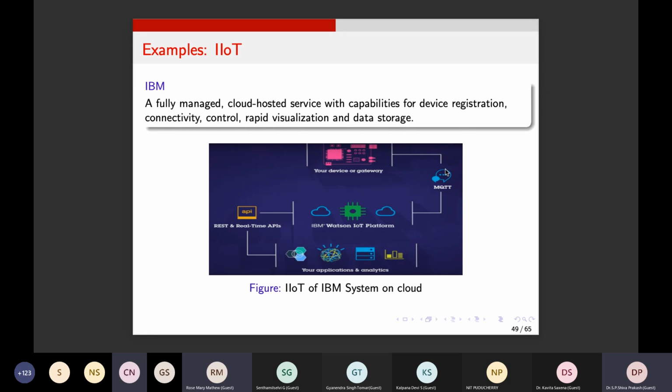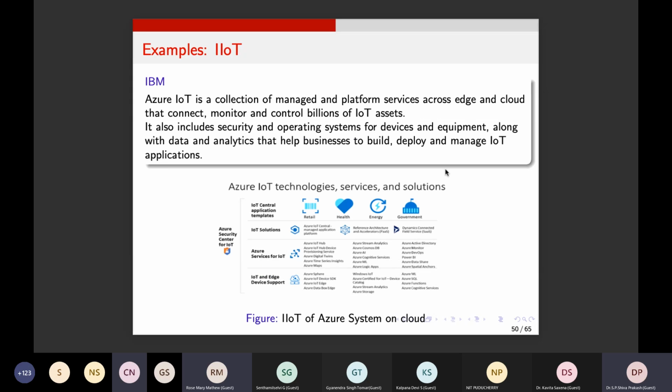So we can make use of IBM Cloud also, and similarly, Microsoft Azure, right? So Azure IoT is a collection of managed and platform services across the edge and cloud, basically that connects and monitors different sets.